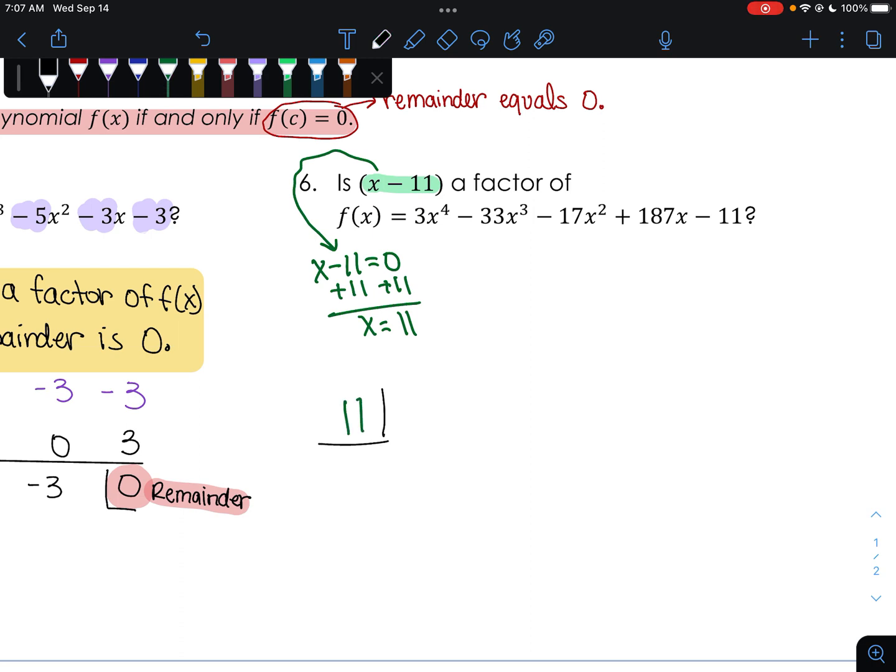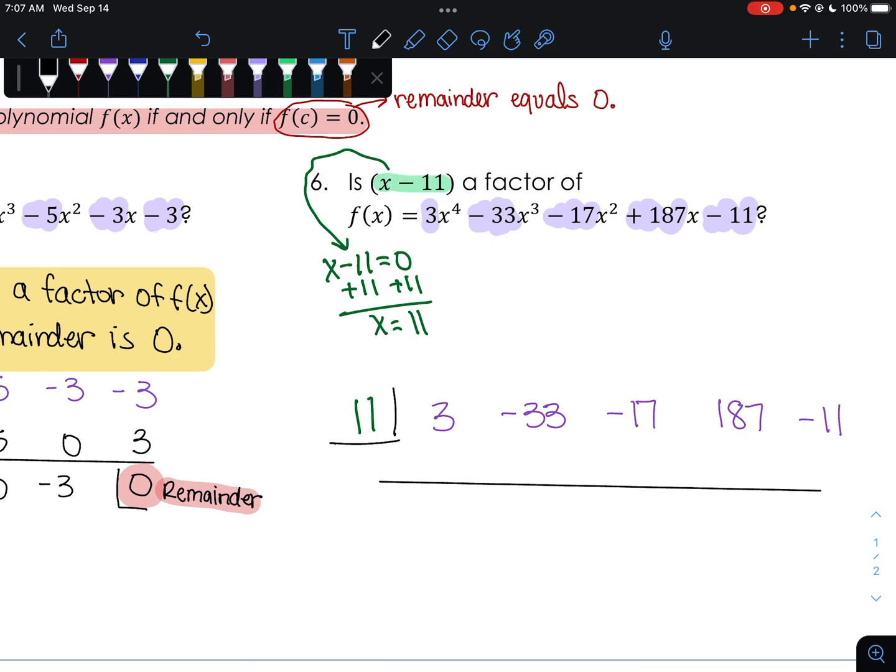And I take all my coefficients, making sure I'm not missing anything. So I have 4, 3, 2, 1, and none. Perfect. I'm not missing anything, so I list them out: 3, negative 33, negative 17, 187, and negative 11. I go ahead and leave some space and draw my line, and I go ahead and perform synthetic division.